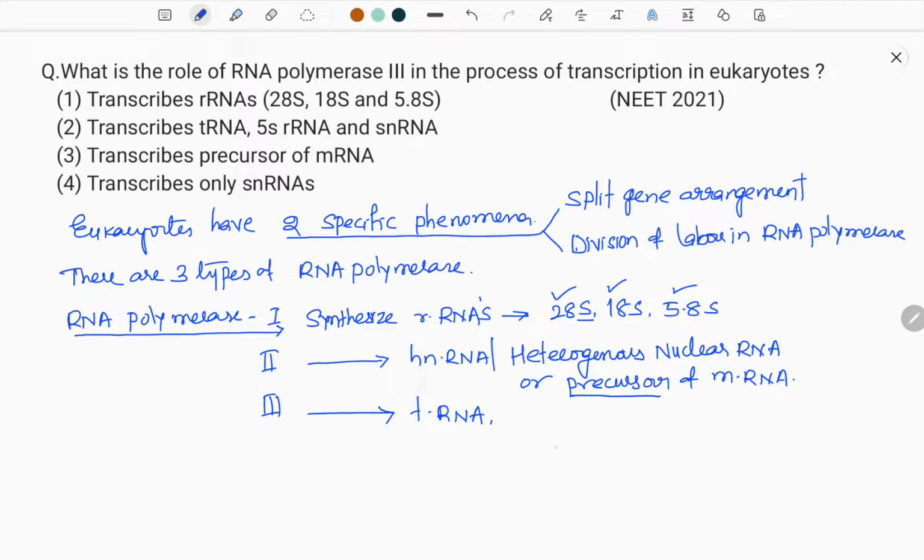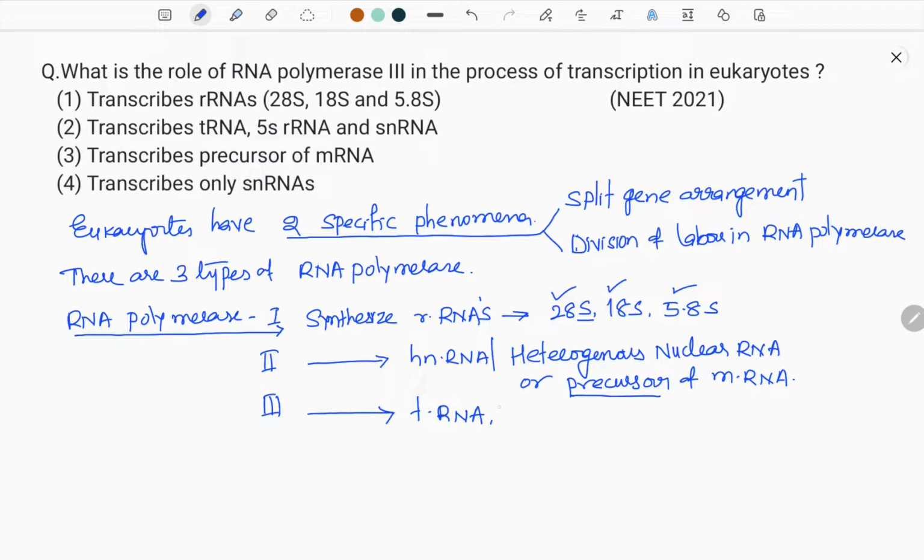Since it carries the amino acids to the site of protein synthesis, it is also called adapter RNA. These tRNAs are of 61 types because sense codons are 61. So for 61 sense codons we find 61 types of tRNAs. So this tRNA is synthesized by RNA polymerase 3.